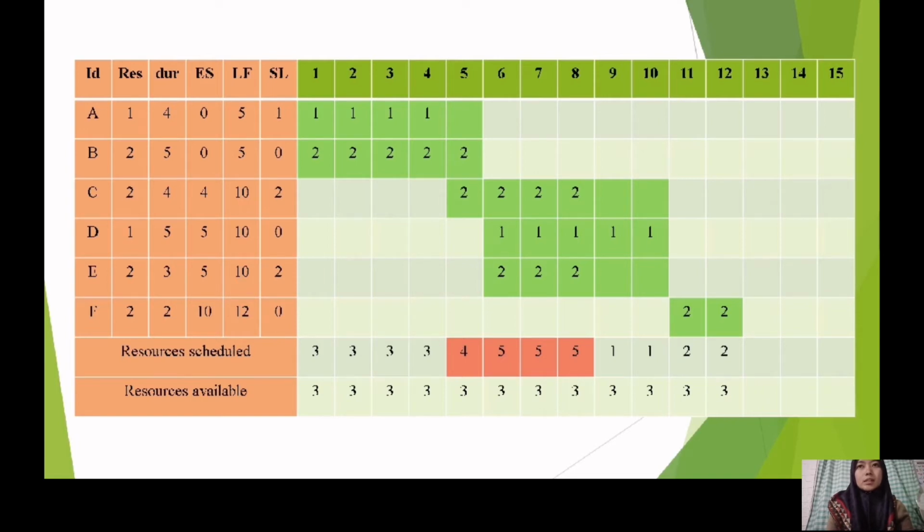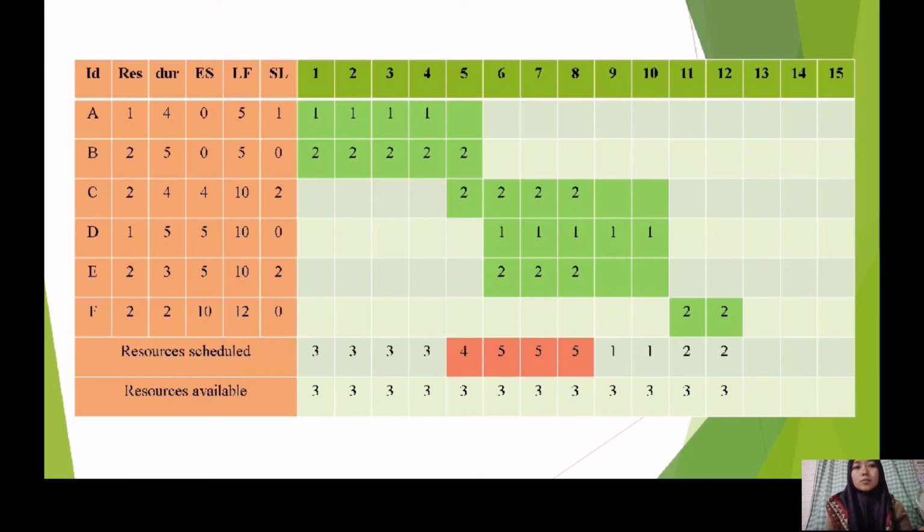First is ID, which stands for the activity, and then the rest stand for the resource needed in each activity. Dur stands for duration, ES for early start, LF for late finish, and SL for slack. Then we fill the table based on the CPM calculation that we already discussed before.